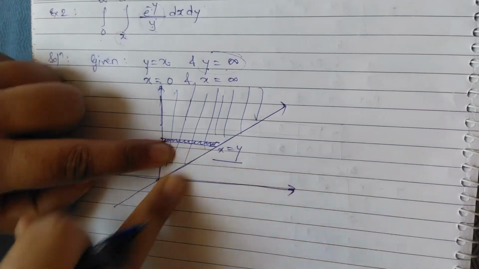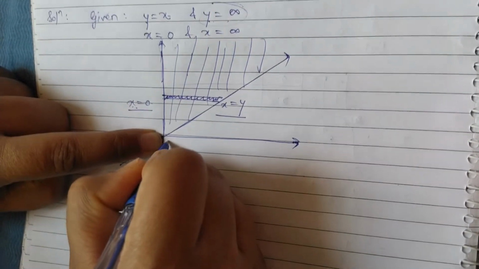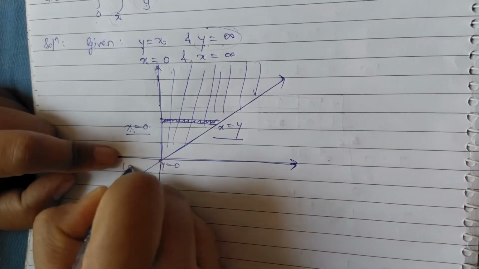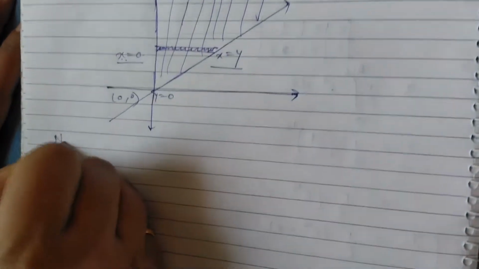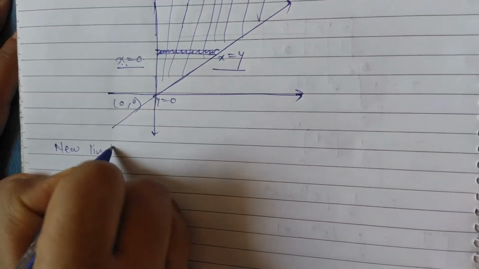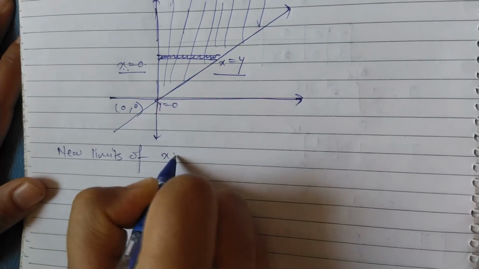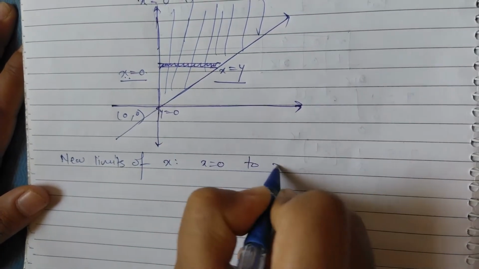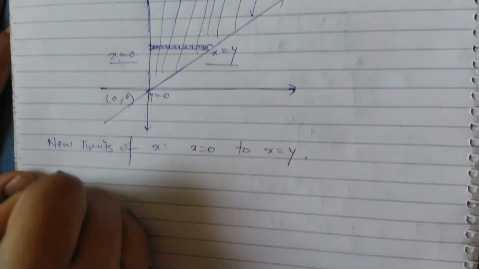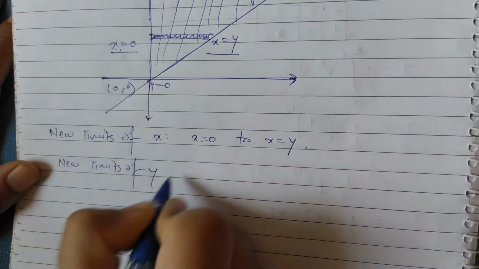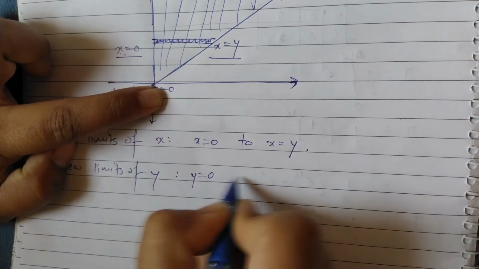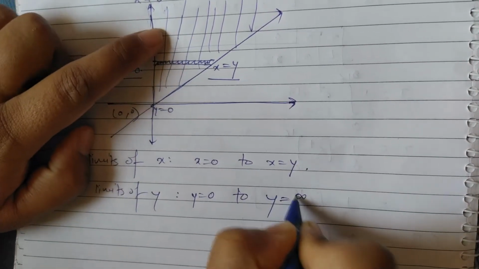So this strip will start moving from y equal to 0 to y is equal to infinity. That means the new limits are x equal to 0 to x equal to y, and y equal to 0 to y is equal to infinity.